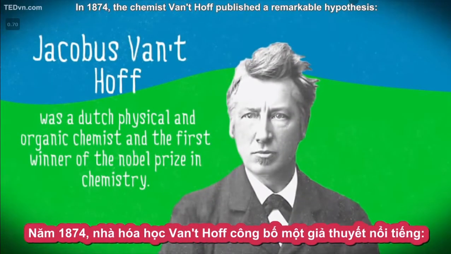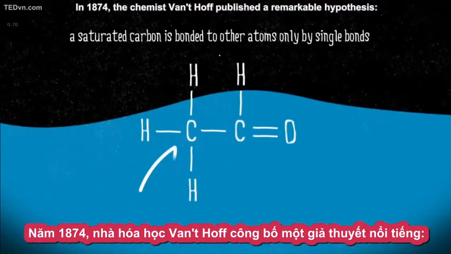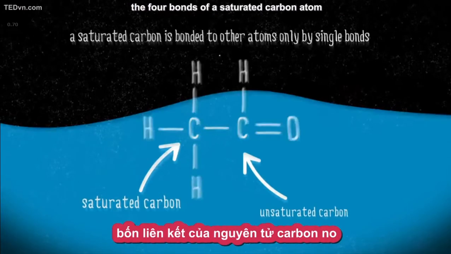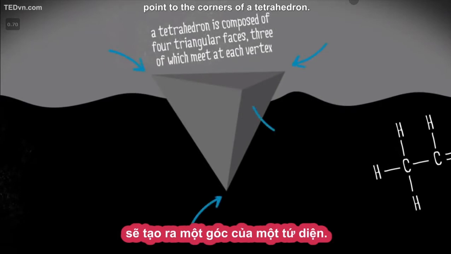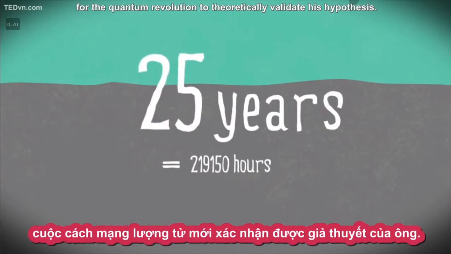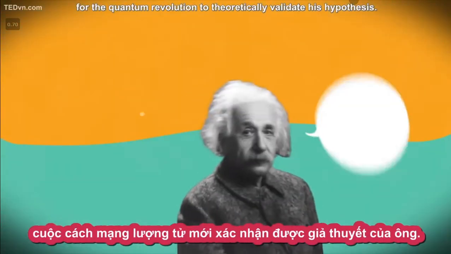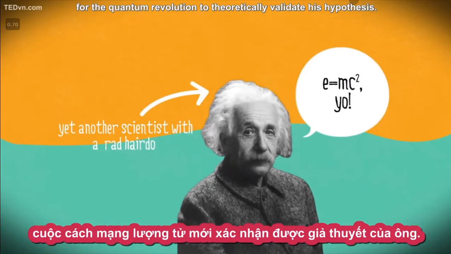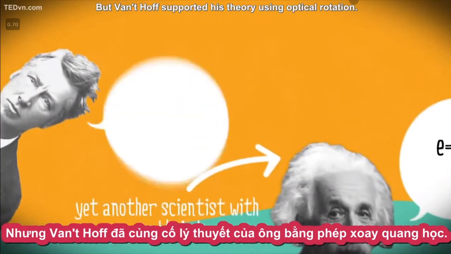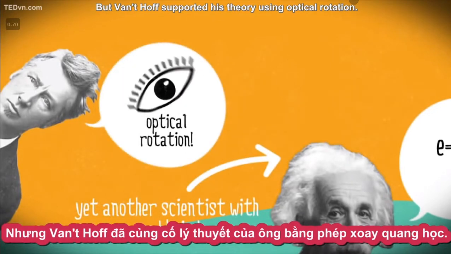In 1874, the chemist Van 't Hoff published a remarkable hypothesis. The four bonds of a saturated carbon atom point to the corners of a tetrahedron. It would take over 25 years for the quantum revolution to theoretically validate his hypothesis, but Van 't Hoff supported his theory using optical rotation.